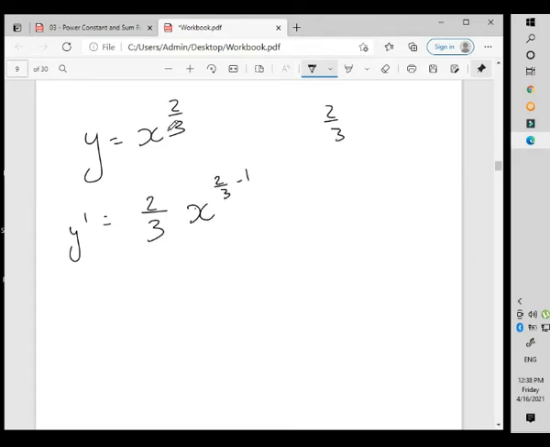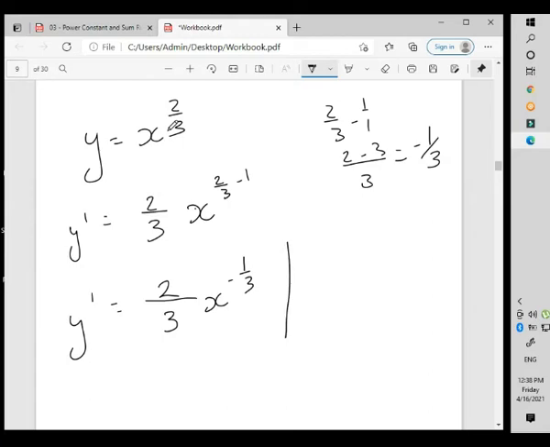So 2/3 minus 1 is minus 1/3. So this is equal to 2/3 x to the minus 1/3.